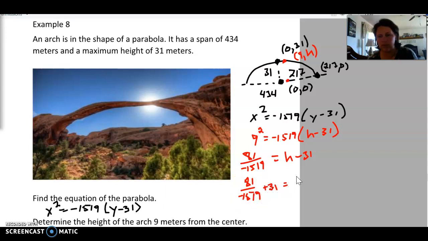And let me pause here for a second. I'll calculate this and be back. Okay, and that gives me a value of h equals 30.994. So pretty close to being its tallest value, but not quite. Okay, and that's all we need to do for example 8.